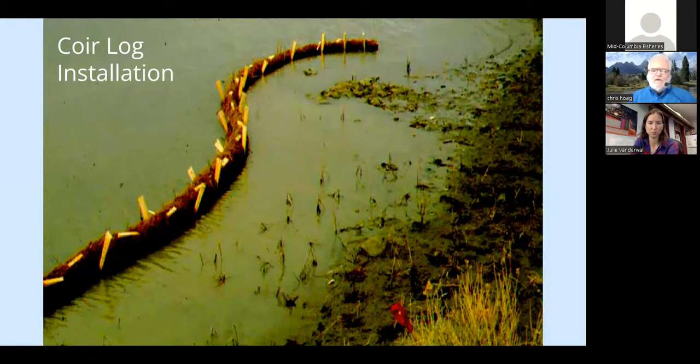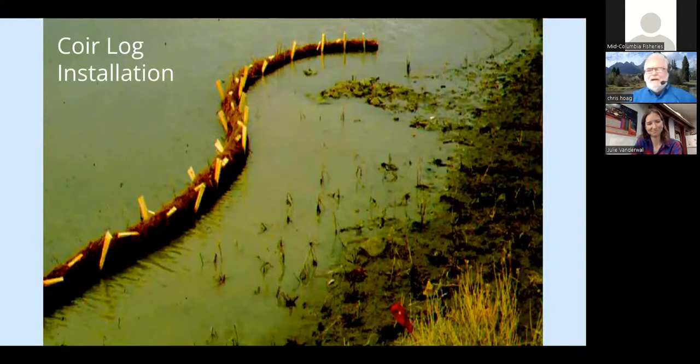And then as additional anchoring, we used the duckbills with the cable, and the cable came right up over the top of that small stake that's there. And so again, as it moves, we don't want it cutting through it. In addition to that, once that was installed, and you'll notice that the coir log curves, what we're trying to do is match the streambank contour.